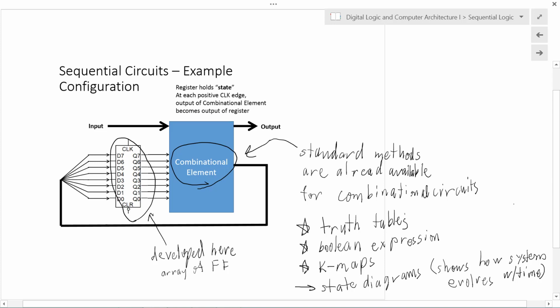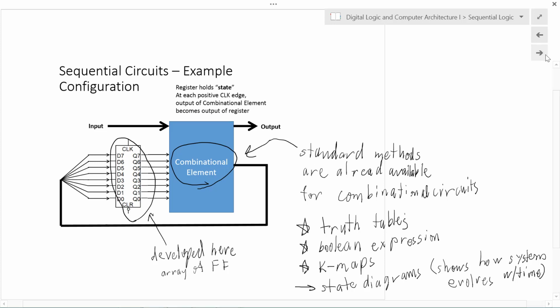This will be covered in this video very briefly. But we already have the tools for managing combinational elements with truth tables, Boolean expressions, and K-maps.